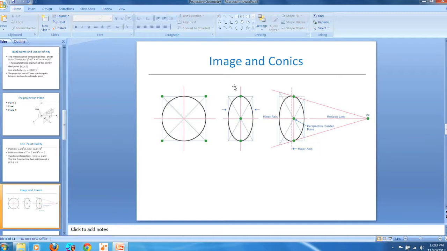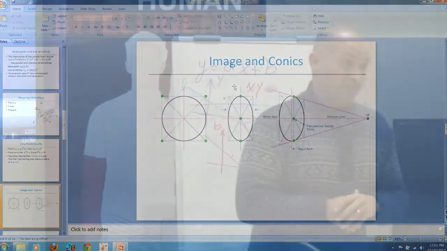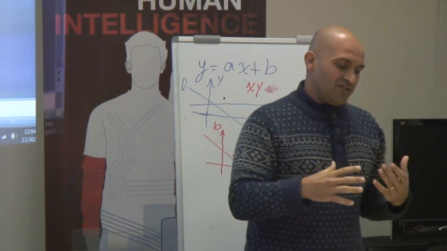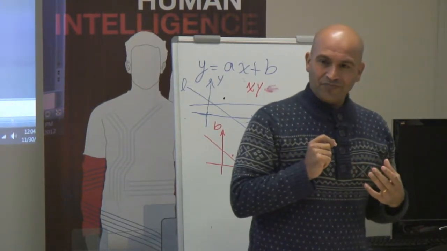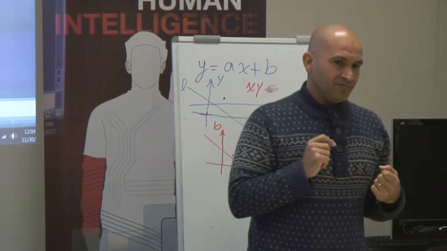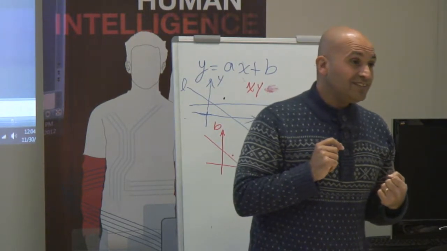So this is simple. Now, before we go into conics and what conics mean, let us assume I have a circle, and I'm going to take a camera and take a photo of this circle. What could the images of this circle be?